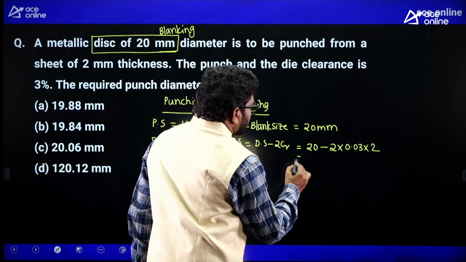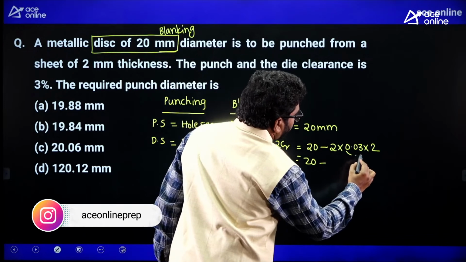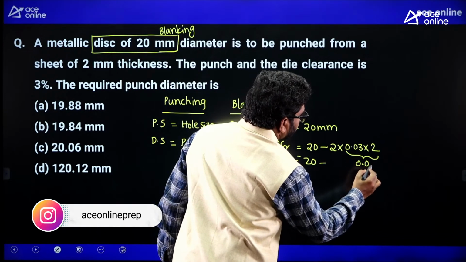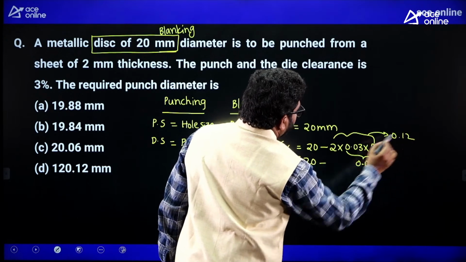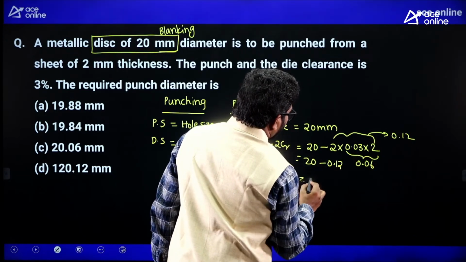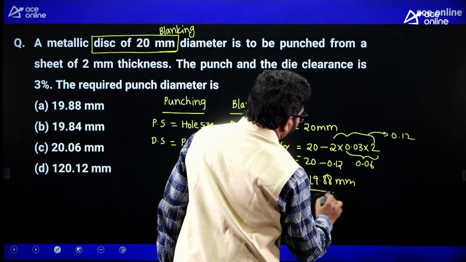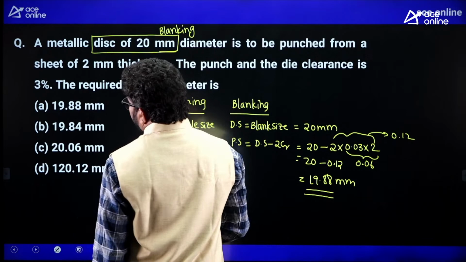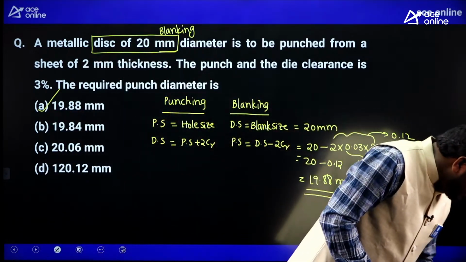So you will get 0.06, and from this 0.12. So 20 minus 0.12 gives 19.88 mm. This answer you will get. Is it right, everyone?